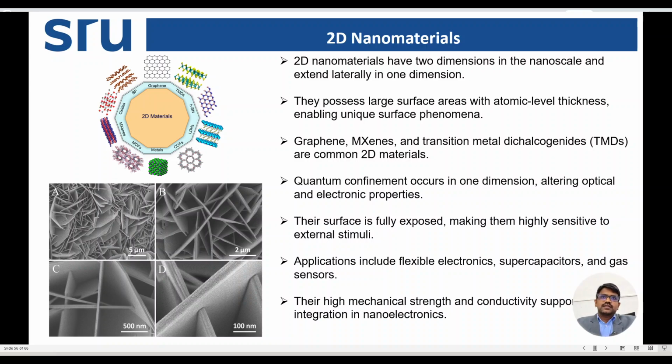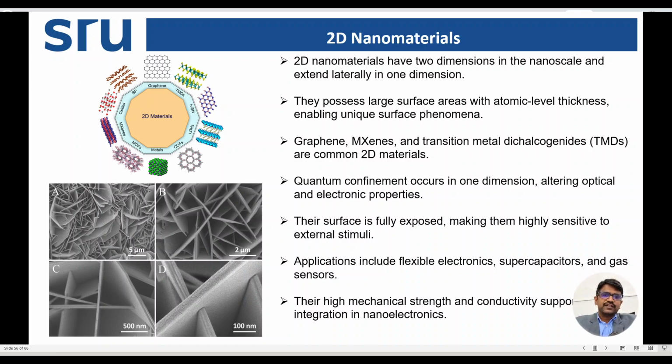Here you can see some flower-like structures. These are all flakes, nano flakes, nano sheets, nano pebbles; you can call them like that. These are all examples of 2D materials. You can make 2D materials from different groups of materials.